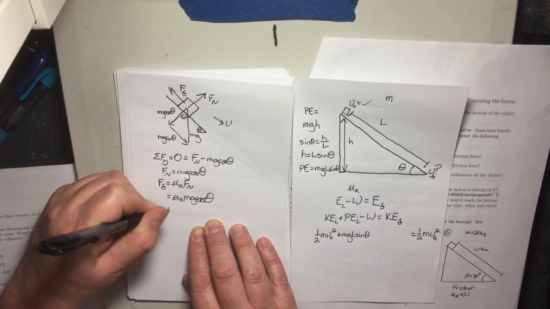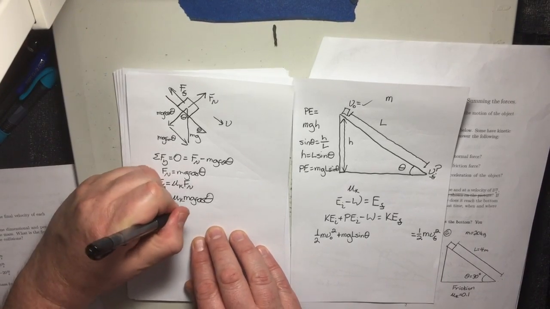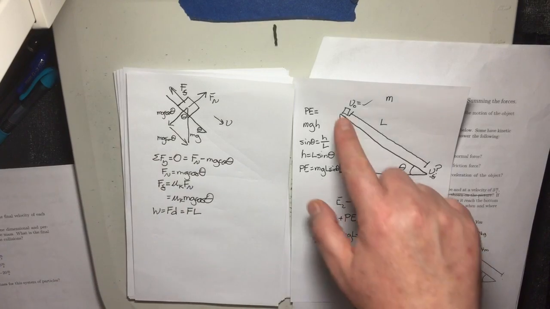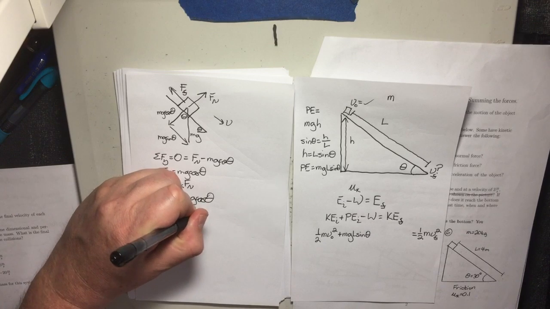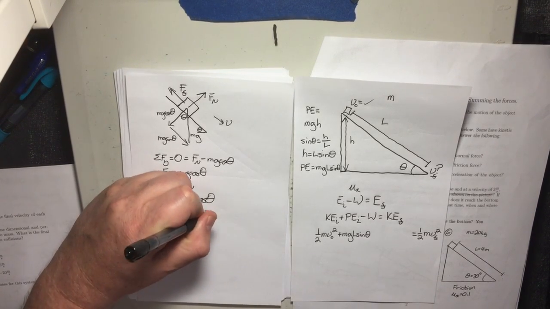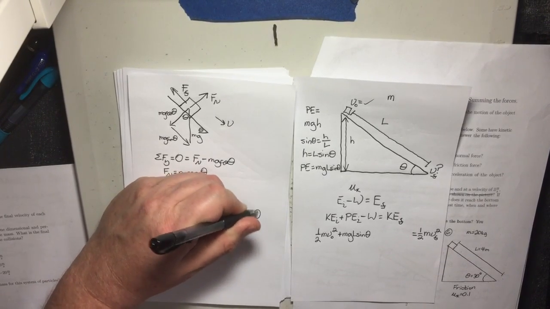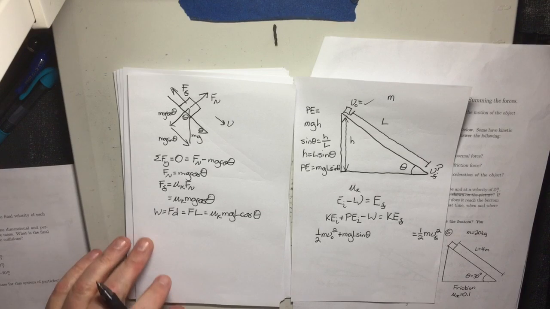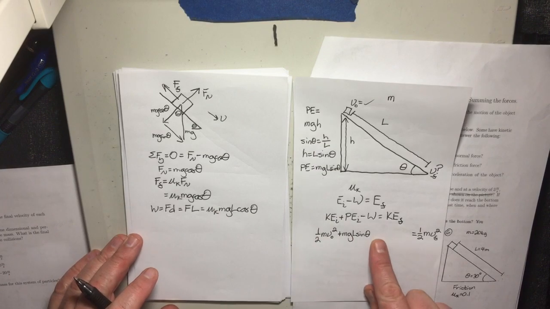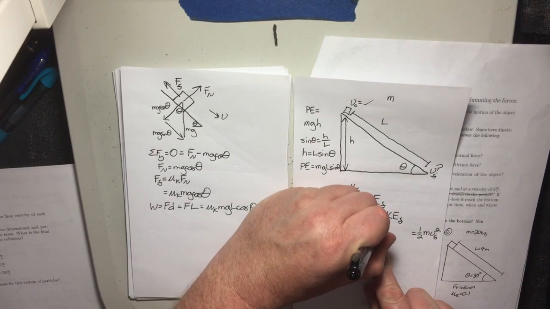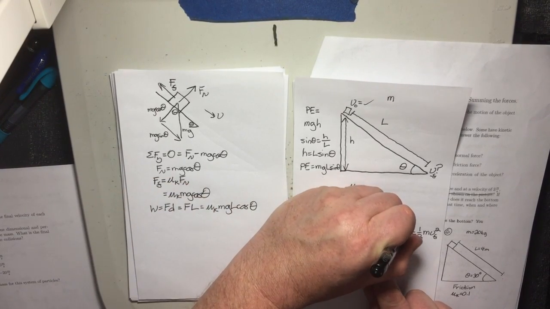And the work is force times distance, which in this case is the length L, because that's the distance, will give you mu sub k mg L cos theta. So that goes in here. Minus mu sub k mg L cos theta.